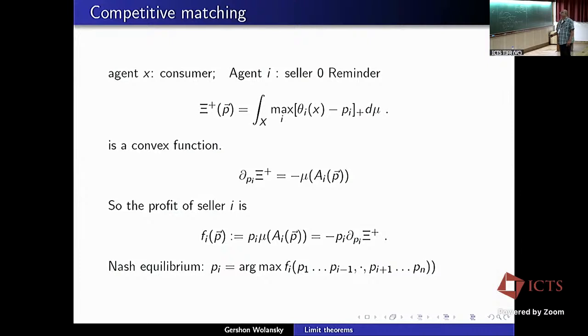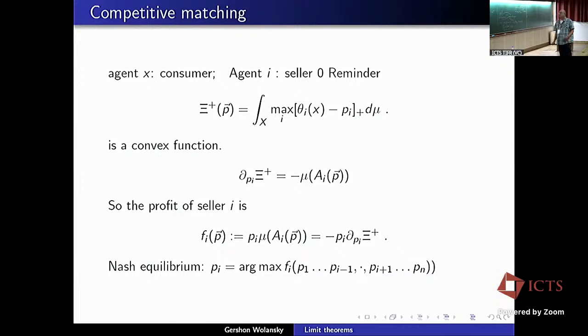And its subgradient, I will say something about it later in more detail, is just minus the measure of the set AI. Formally, if you differentiate by PI, we get 0 except at all the points where the maximum is attained. And then it's an integral of -1 on the set AI of P by this definition.